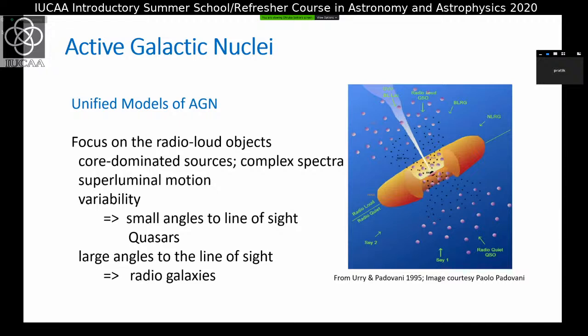So you need two different schemes. And the current consensus is that the beamed counterparts of the Fanaroff-Riley class 1 objects are the BL Lac kind of objects, which we talked about earlier, where you don't see the emission lines at all, but you see diffuse structures similar to the FR1 radio galaxies.